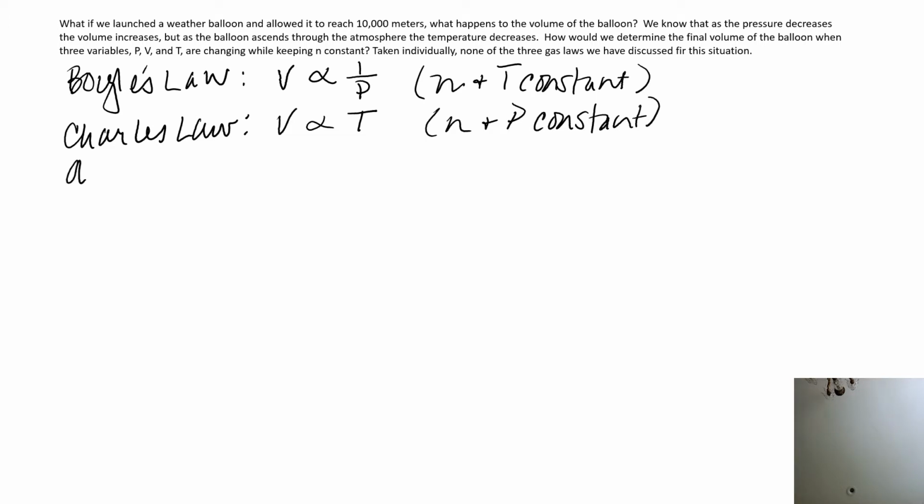And for Avogadro's law, the relationship is between volume and number of moles, where P and T are constant.